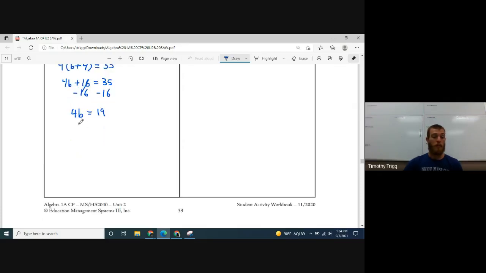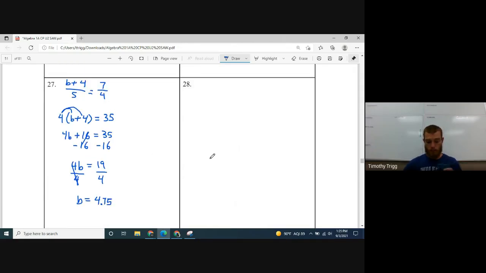This 4 is multiplied by the b, so to cancel it, we do the opposite. We divide. The 4's cancel, and b equals 4.75. Okay. Number 28.